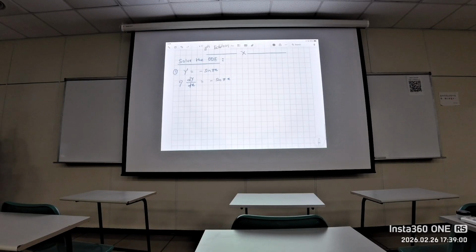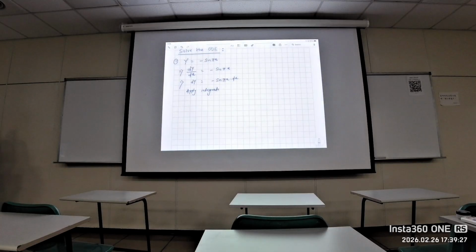Okay, so how to solve this one? What I will do is dy is equal to minus sine pi x, and I will take the dx to this side. And then I will apply integration both sides.